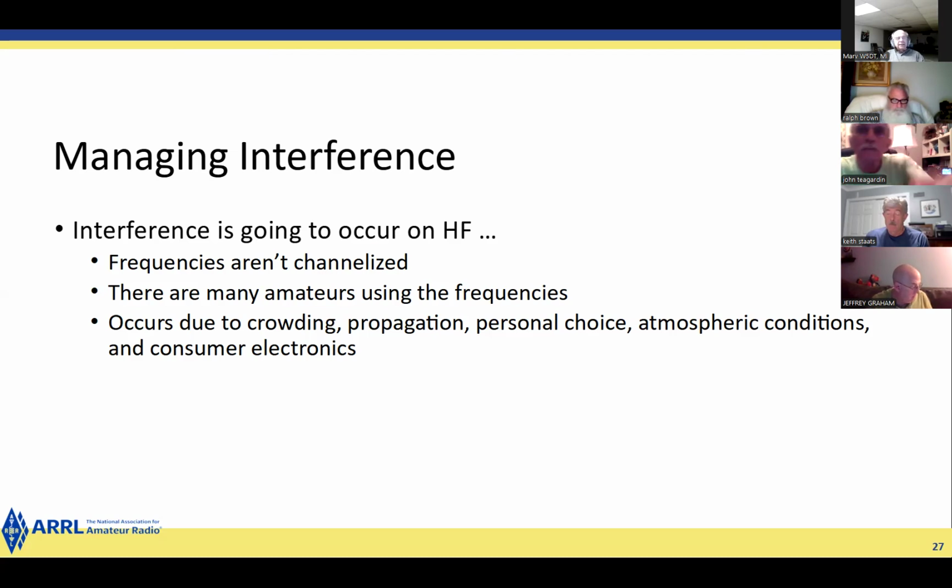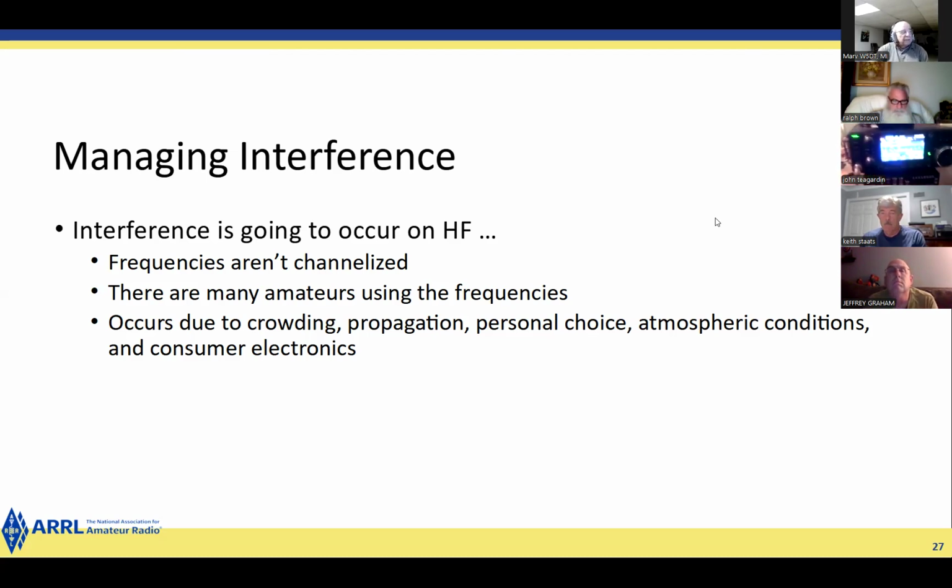You've got interference from consumer electronics. The guy next door is running a plasma TV. Any number of conditions, especially if you're in a city. The possibilities of interference are great.